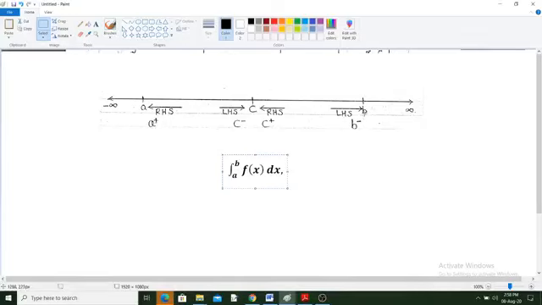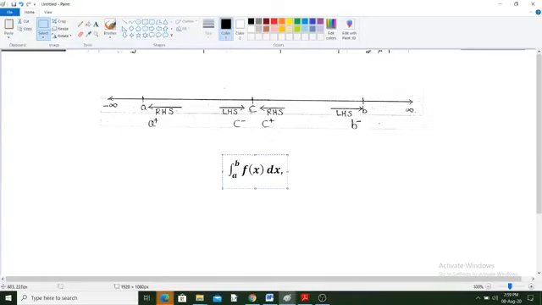Similarly, on the number b we always move only from the left hand side because we never go greater than b, so we write b negative. So remember, on the lower limit we always write a positive, and on the upper limit we write b negative, because we move only from the left hand side.